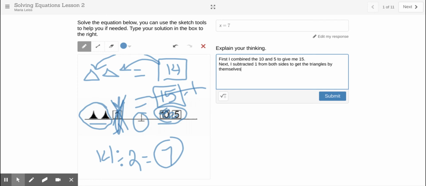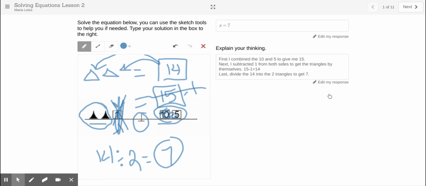Sorry, I can't type today. 15 minus 1 equals 14. Last, divide the 14 into the two triangles to get 7. Not too shabby, right?